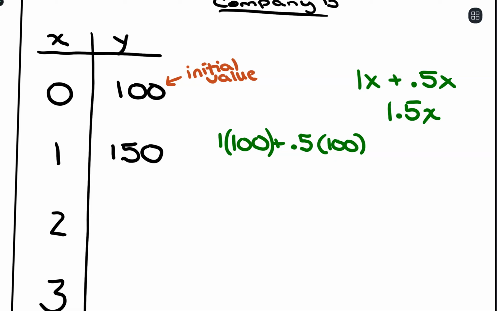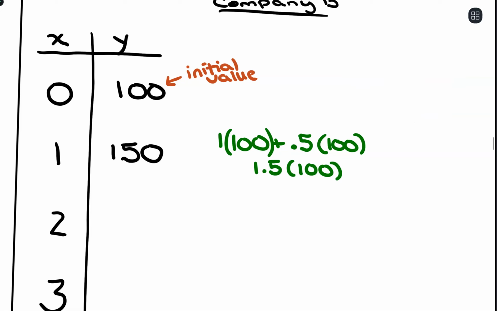This will help with our notation. So I could write this as 1.5 times 100. The idea is that I'm taking 150% of 100: by taking 100%, I keep that original value, and then adding on 50%. So I'm going to keep using that notation for our calculation.